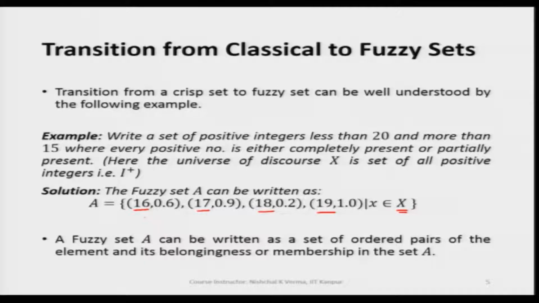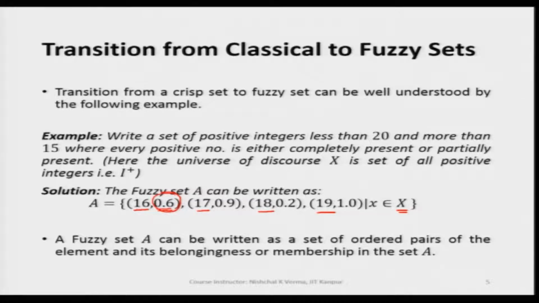Now, in the classical set these were all completely present, but let us assume a case where 16 is not completely present, I would say partially present, which means it has some membership value less than 1, say 0.6.